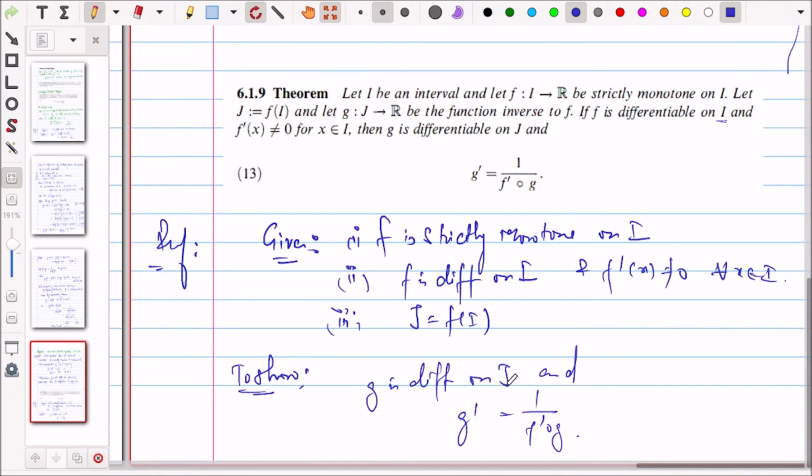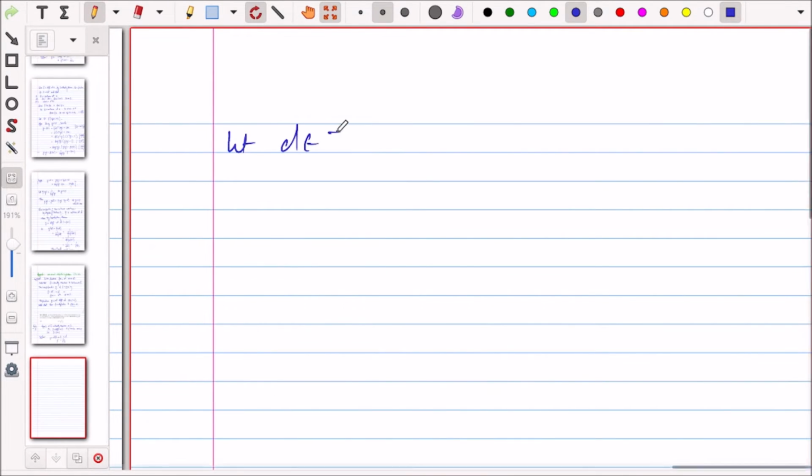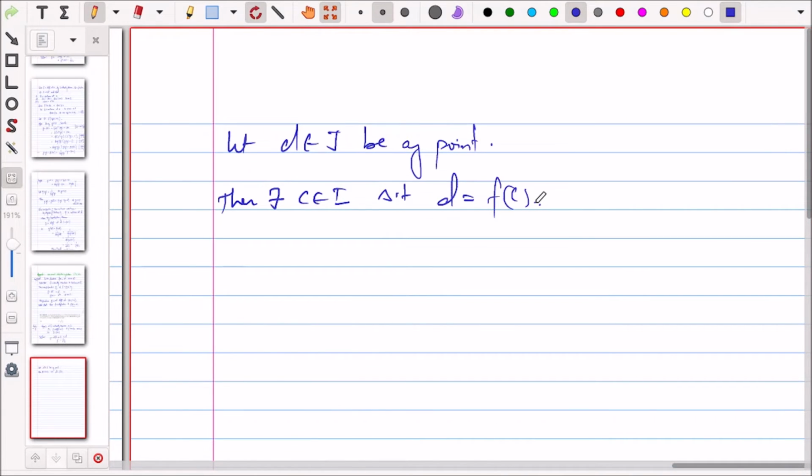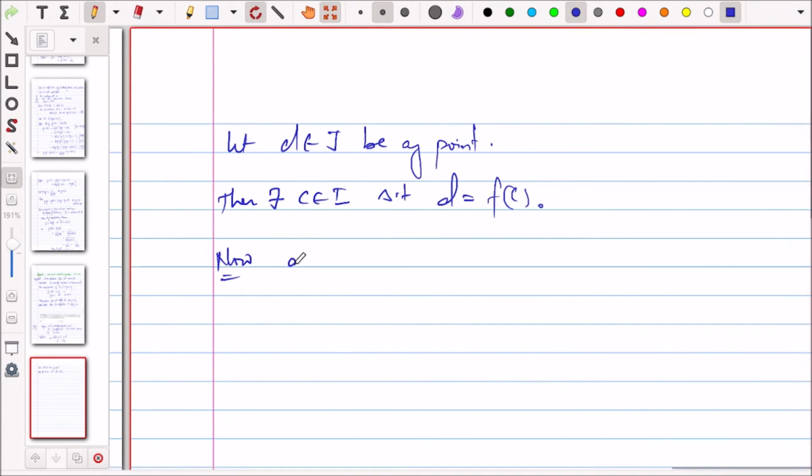For this, since we have to show g is differentiable on J, we will pick any arbitrary point in J. So let d belonging to J be any point. Then there exists c belonging to I such that d is equal to f of c, right? So d is equal to f of c. Now as f is differentiable on I, this implies f is continuous on I, right?